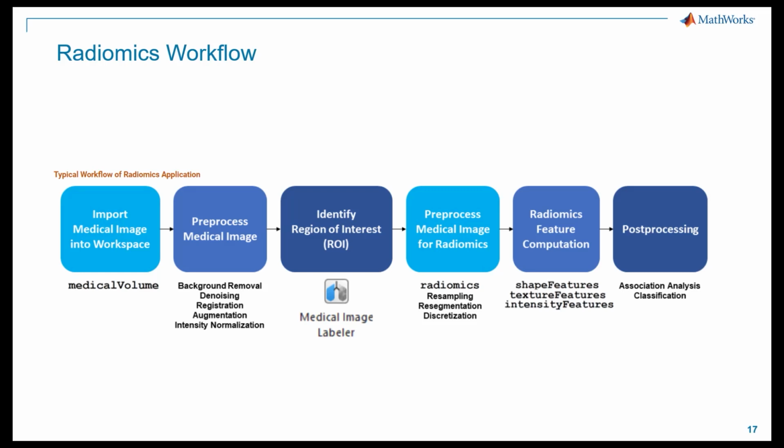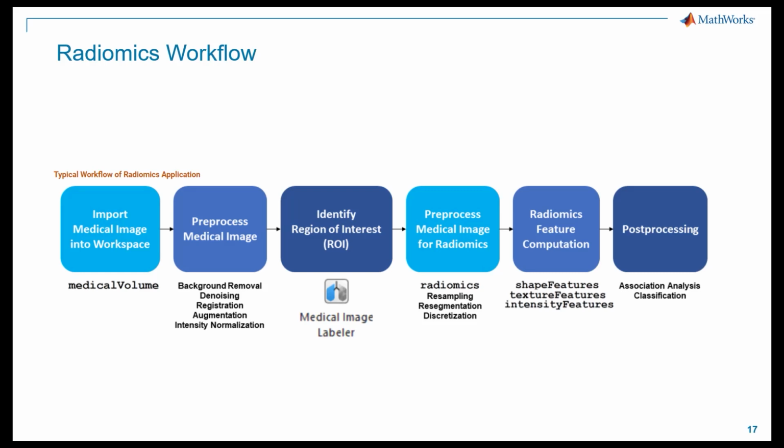And once we have those data segmented, we would then prepare them for use in the radiomics workflow. Automatically compute shape, texture, and intensity features, pair our data, and then build our model. So for our demo today, we have a data set that is pre-segmented. We have ultrasound breast images and tumors that are identified, and we're going to start our demo by preparing those data for use in the radiomics workflow.